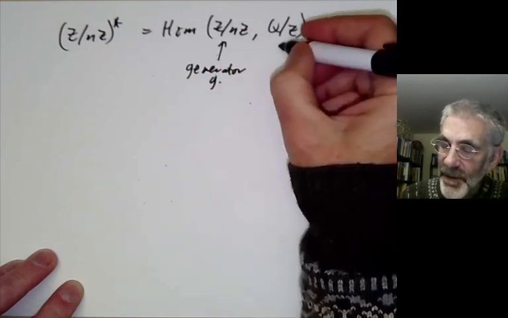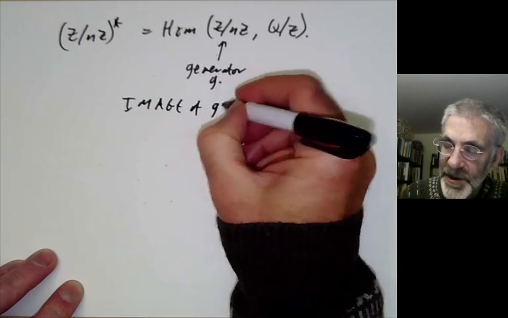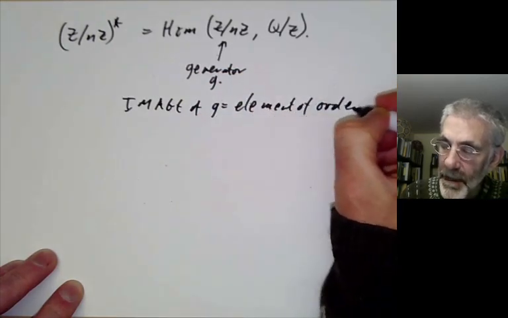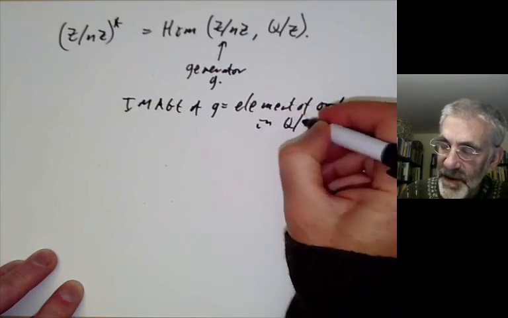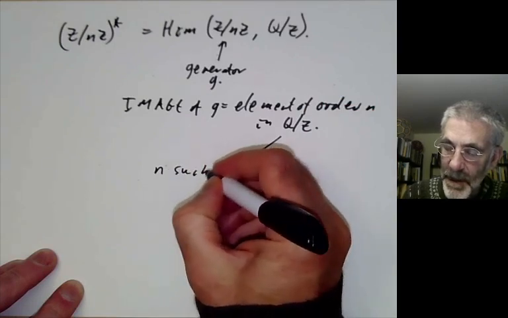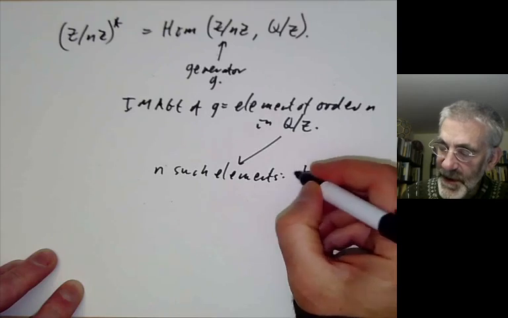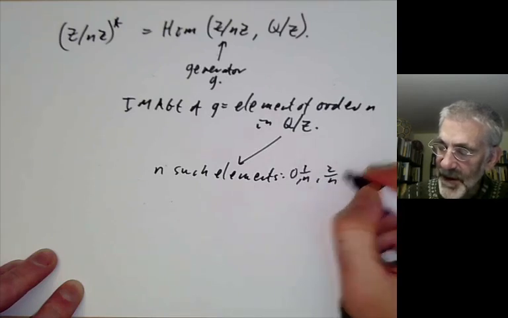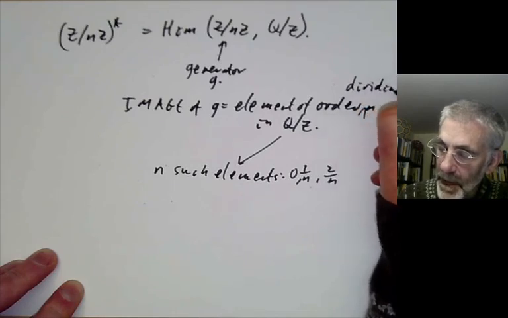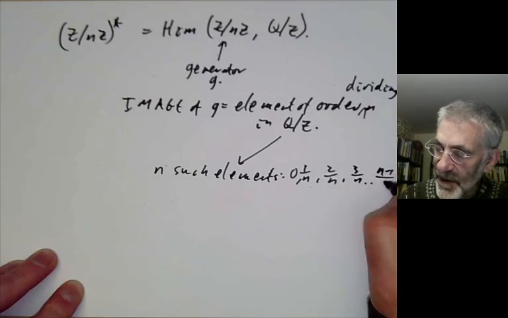The image of g is just an element of order dividing n in Q over Z, and there are exactly n such elements, which are given by 0, 1 over n, 2 over n, 3 over n, and so on up to n minus 1 over n.